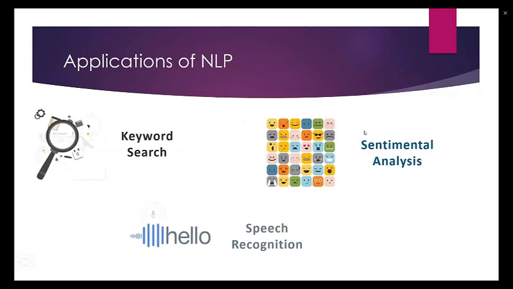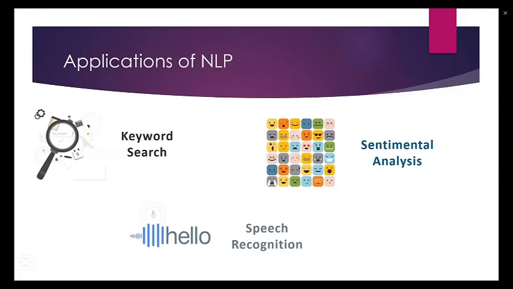Okay, so another application is keyword search. Previously, searching on the web was built based on keywords, right? But nowadays you can see that gradually the SEO methods are changing to NLP related stuff, right?